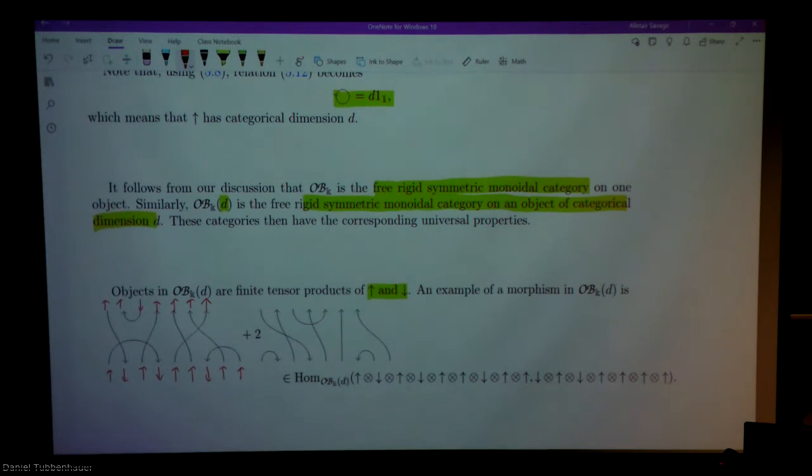And as Andrew pointed out, this is what he was getting at, that it really only depends on which endpoints are connected, because our relations allow us to isotope from one to any other one. And you can take any linear combinations of these types of diagrams. So this was in the specialized Brauer category. If I don't impose this extra condition that the bubble is D, then you can also have some floating bubbles around.